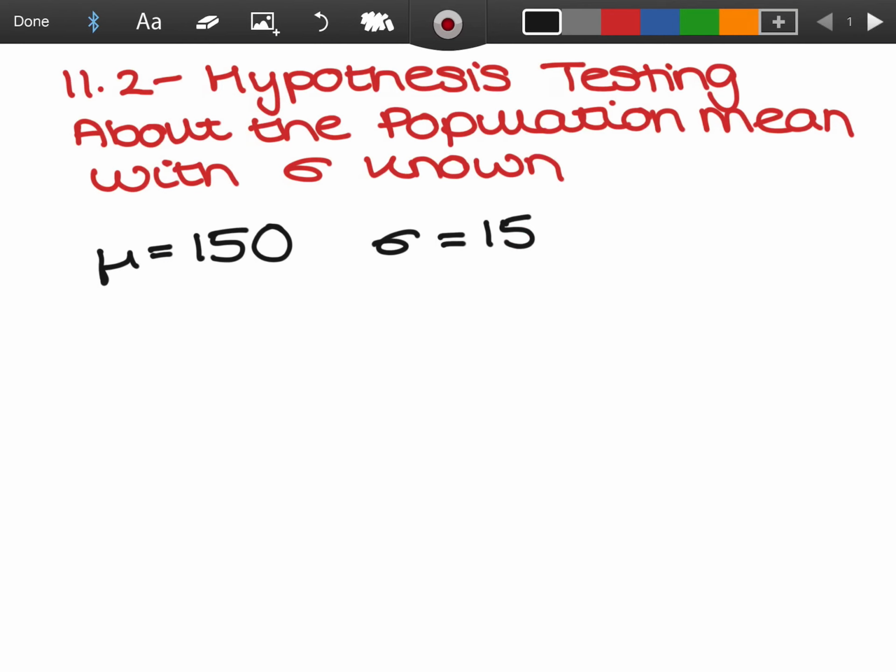Lincoln High School wants to see if their sophomore students read at a different level from the national average. Okay, we've got that word different in there. They're not looking at greater than or less than, they're looking at different. So this means that we're looking at a two-sided alternative hypothesis.